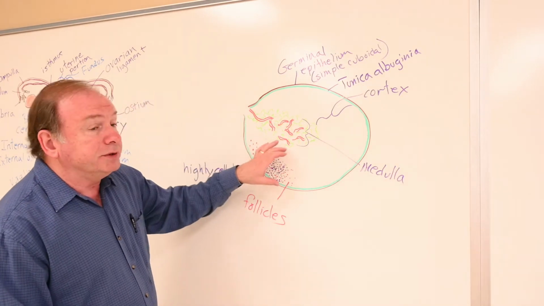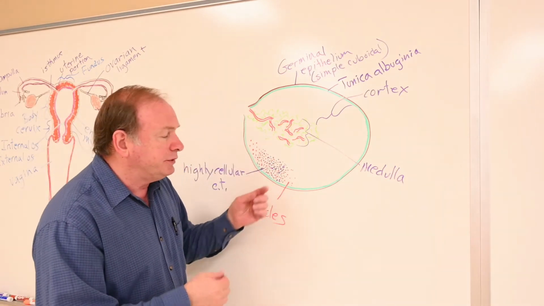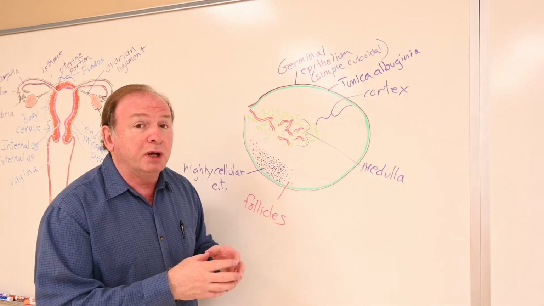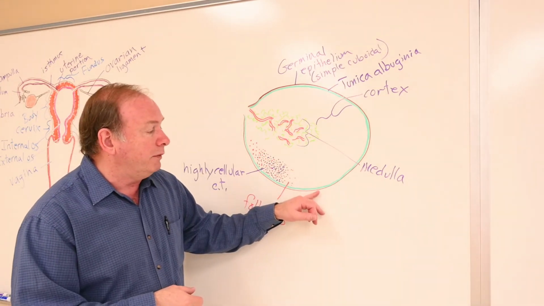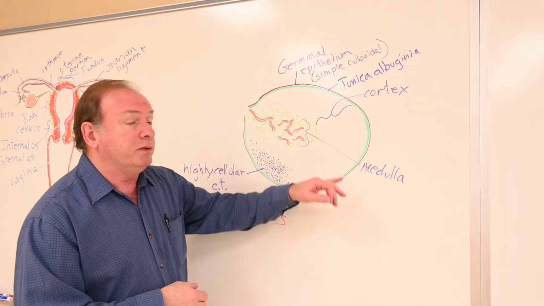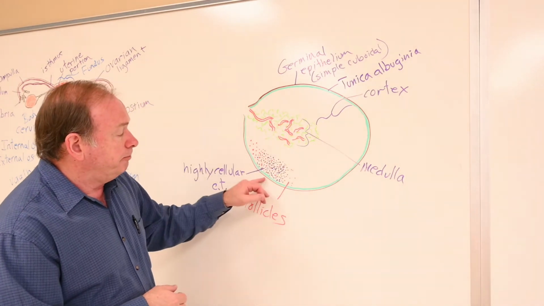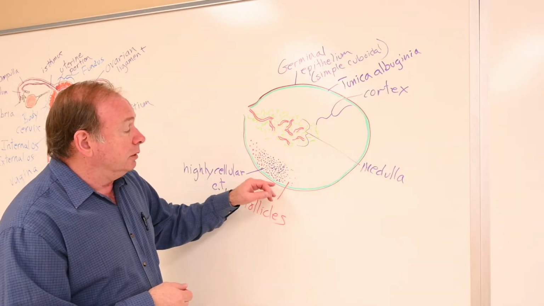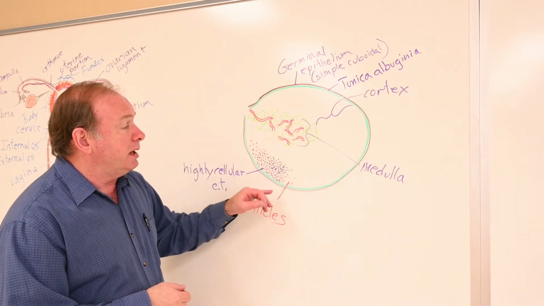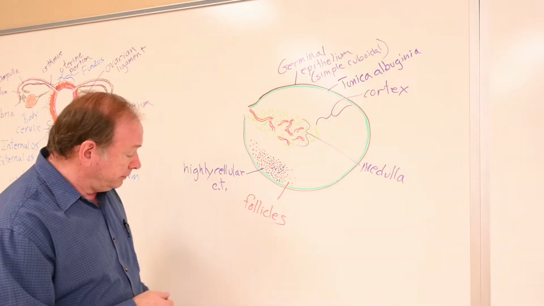Now the follicles after puberty begin, well, some of them will begin to enlarge to become mature follicles and rupture from the wall of the ovary and move down the oviduct. So what we need to do next is look at the development of individual follicles in the ovary.